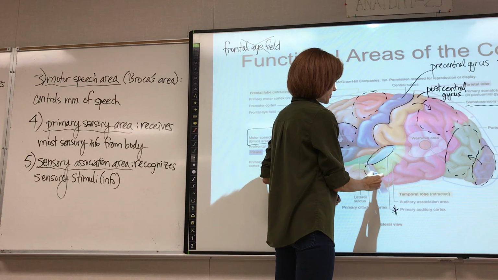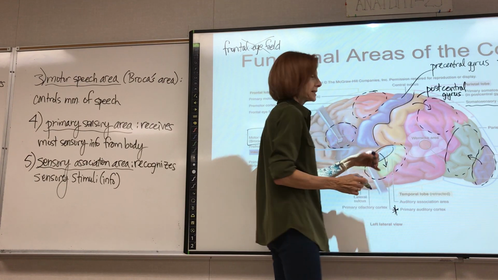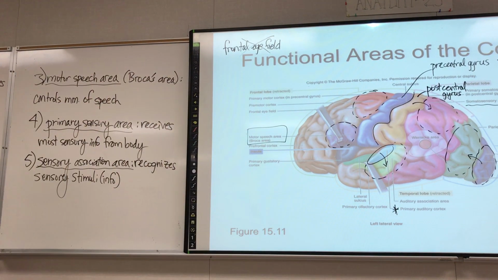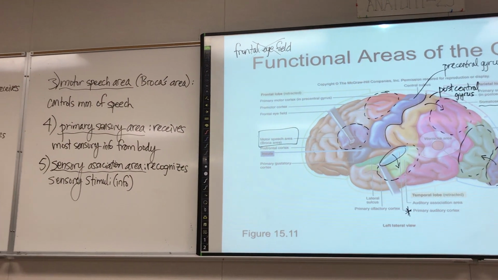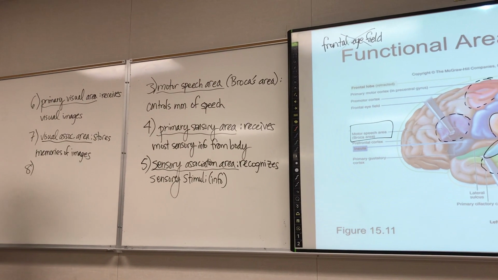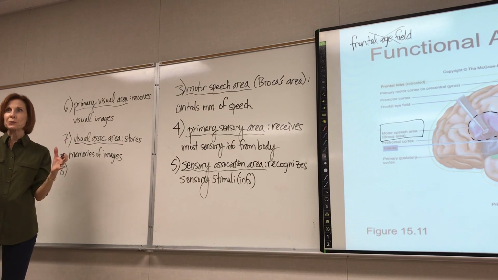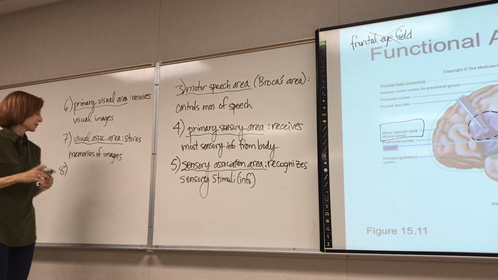And then there is a larger association area outside of that that stores memories of things we've heard. So again, it's really organized. There's an area where you would be able to recognize people's voices. There's an area for your ringtone on your phone. There's an area for music you've heard.